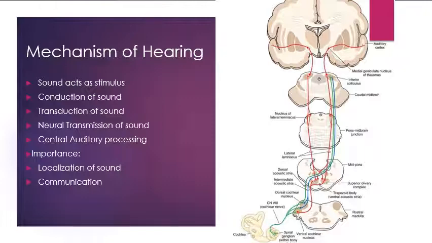Then you have the transduction of the sound. Up to the middle ear, it is mechanical energy. Now this mechanical energy is going to be converted into electrical energy inside the inner ear. So this is the transduction of the sound. How it happens is, when the basilar membrane vibrates, there is a shearing force created between your hair cells and the tectorial membrane, and this shearing force will lead to the influx of potassium ions inside the hair cells.